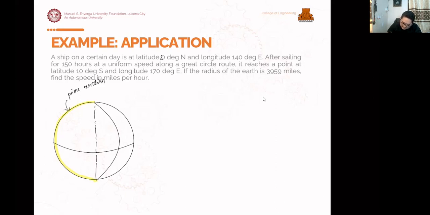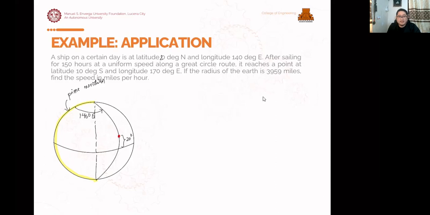So, yung measurement niya from dito sa prime meridian natin, papunta dun sa angle na yon is 140 degrees east. Okay? And then, 20 degrees north. So, from the equator, north tayo. So, akit tayo ng 20 degrees. So, yung 20 degrees na yun, let's say, ito, tawag natin ito yun. Okay? So, ibig sabihin, ang distance nitong portion na to is 20 degrees.